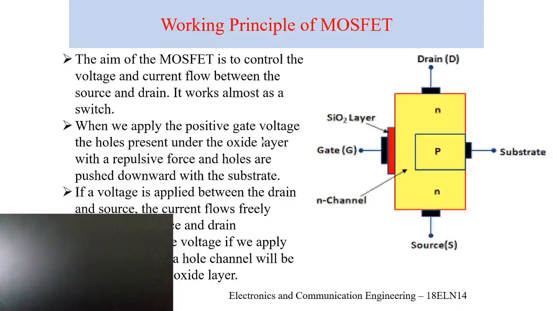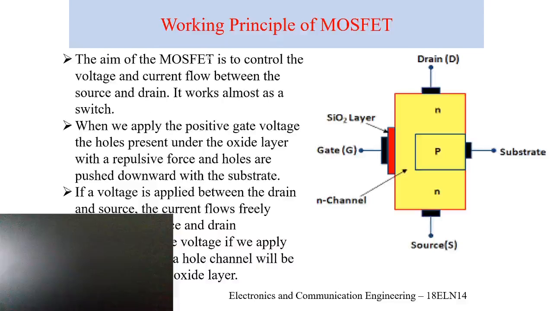Remember, we can switch over from P type to N type or from N type to P type by applying the gate to source voltage. Hence, we say the gate is the controlling terminal.